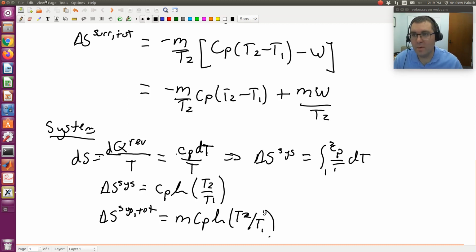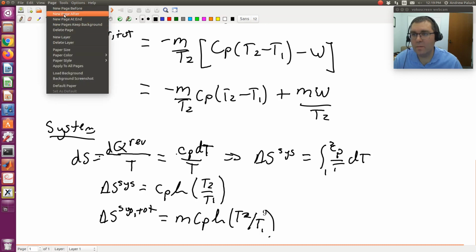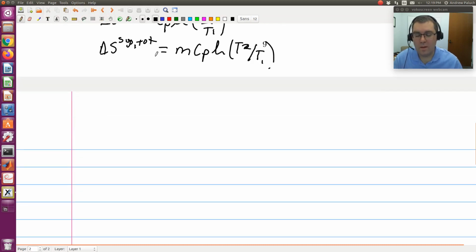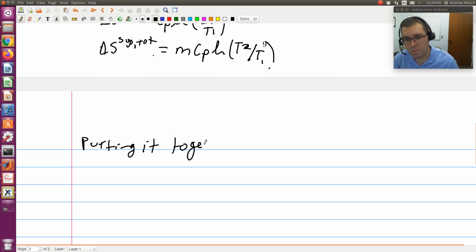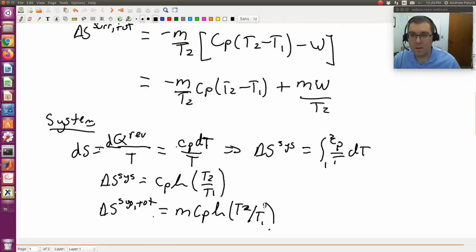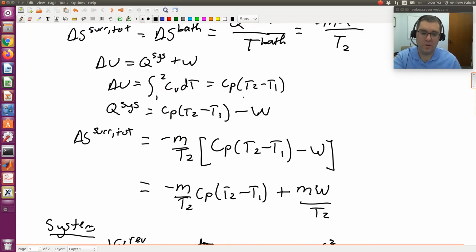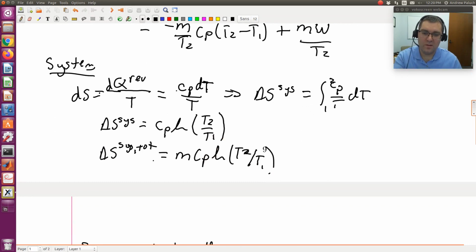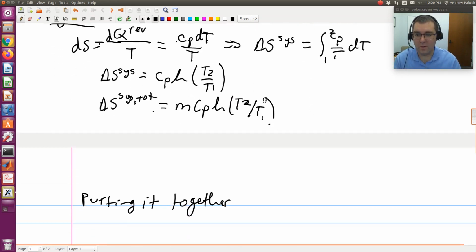All right, so putting it together, we have delta S surroundings total plus delta S system total has to equal 0.